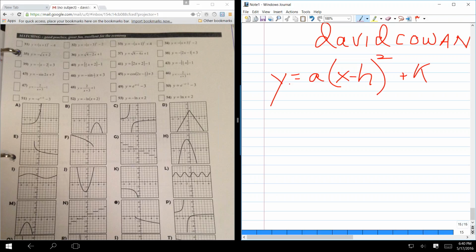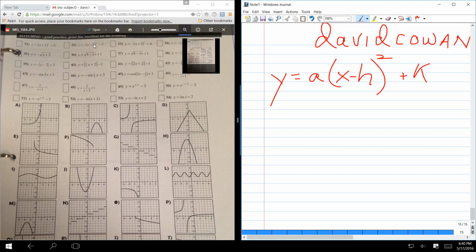Notice all of your conic sections are x minus h and y minus k. So if this is the general form, then h in this case is +3 and k is -2. Which way does this parabola open?